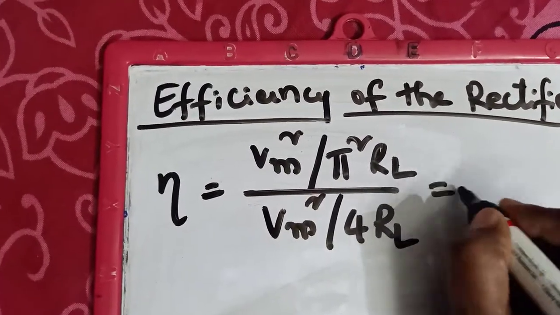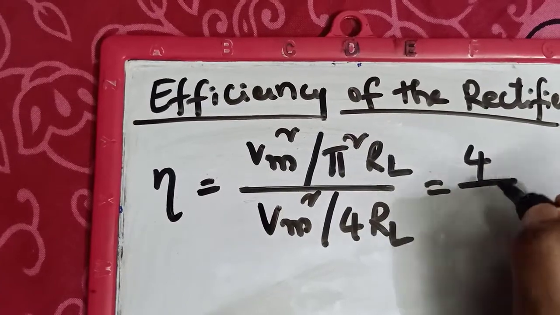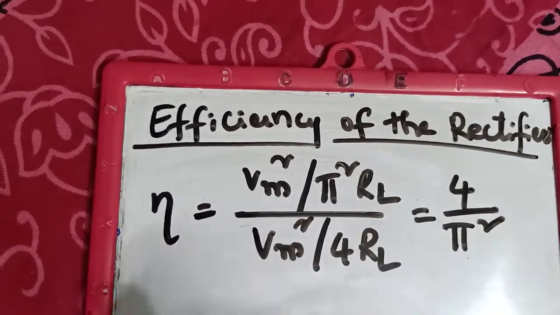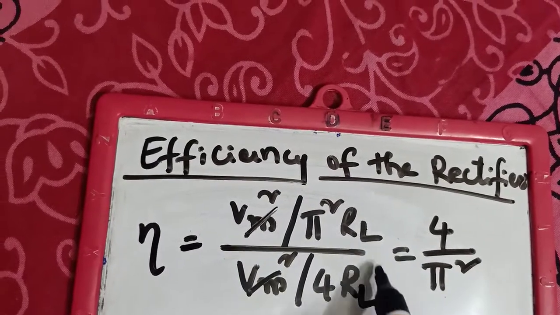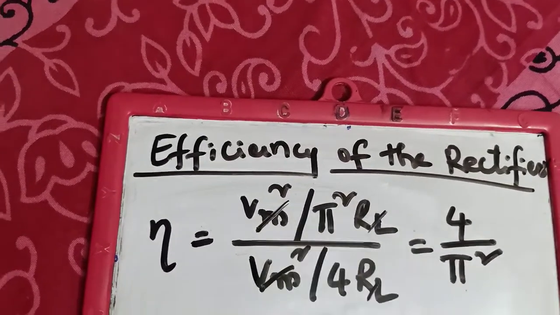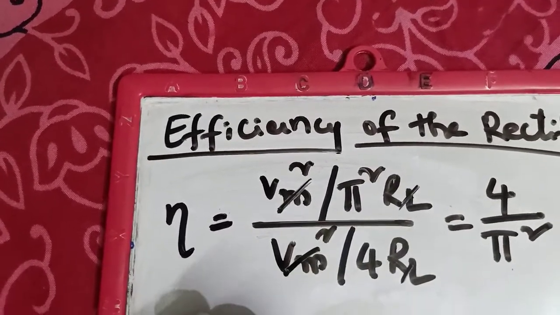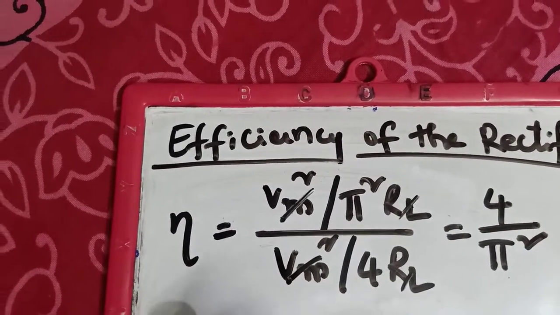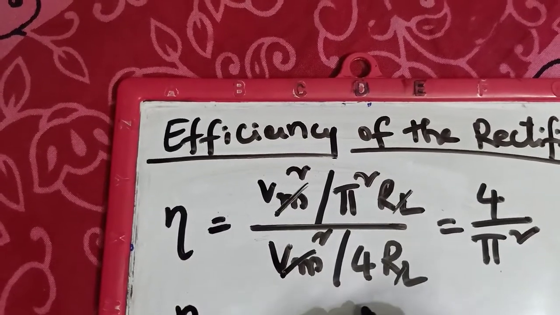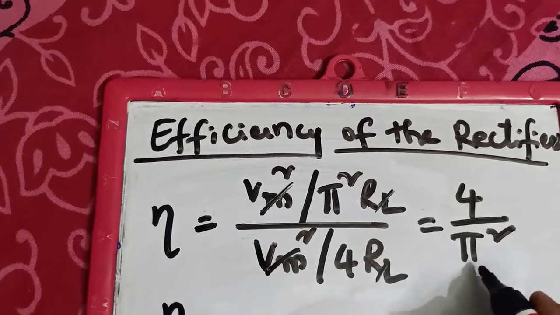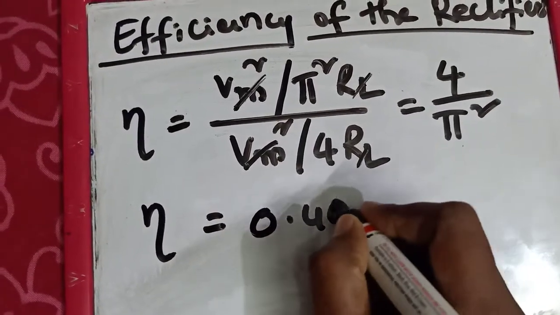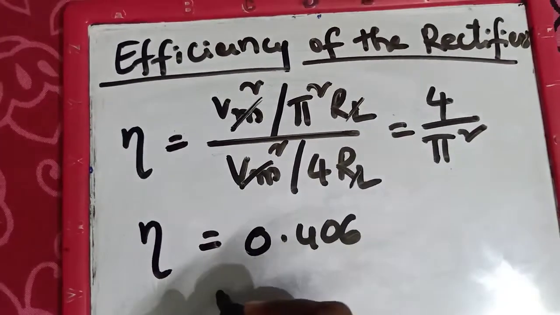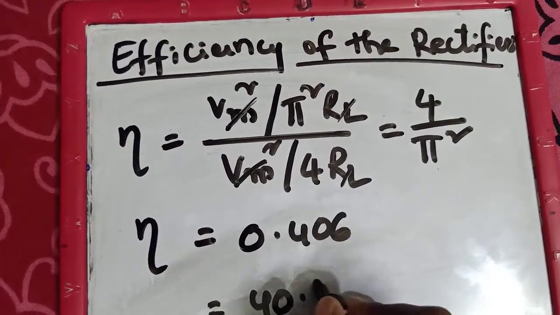If you simplify this further, we'll get 4 by pi square. Vm square and Vm square cancel, and RL and RL cancel; reversing the ratio we get 4 by pi square. Therefore eta is 4 by pi square. If you substitute pi as 22/7, we get 0.406, or in terms of percentage, 40.6%.